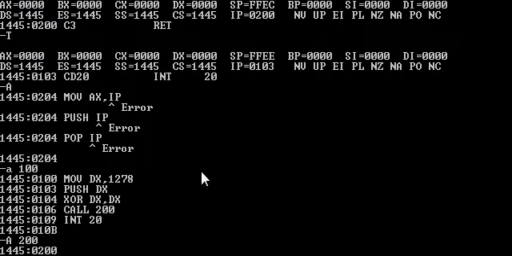How do we get it? Okay. Well, we know that there was a call. They had to call to get here. So therefore, whatever the stack pointer is pointing at is the return address. We don't know what it is, but it's going to be 109.